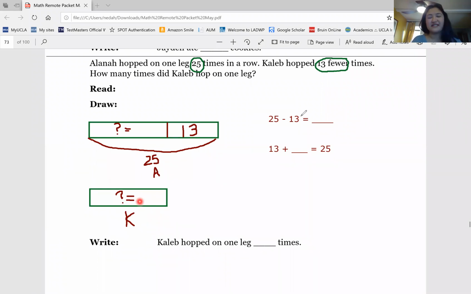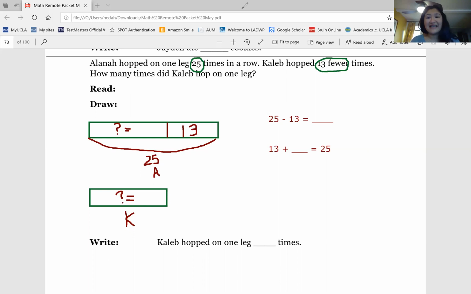Let's solve those number sentences. So you can use any strategy that you know. For this one, I think it might be most helpful to grab 13 and count up to 25. Let's do it together. Say 13, 14, 15, 16, 17, 18, 19, 20, 21, 22, 23, 24, 25.